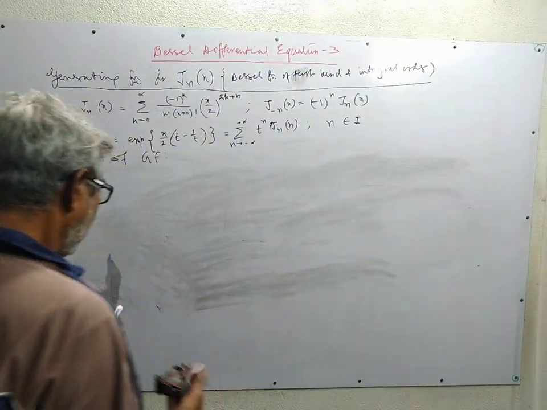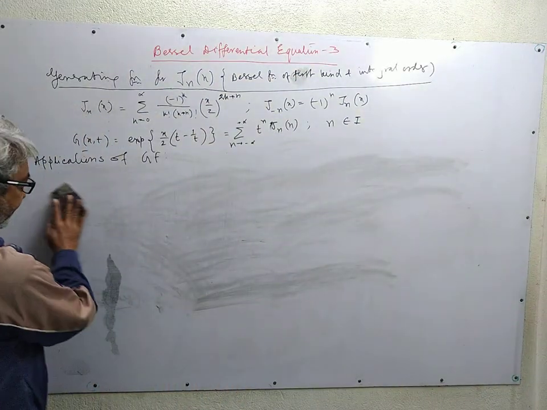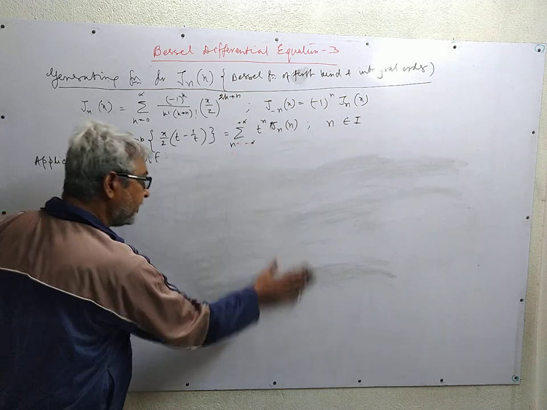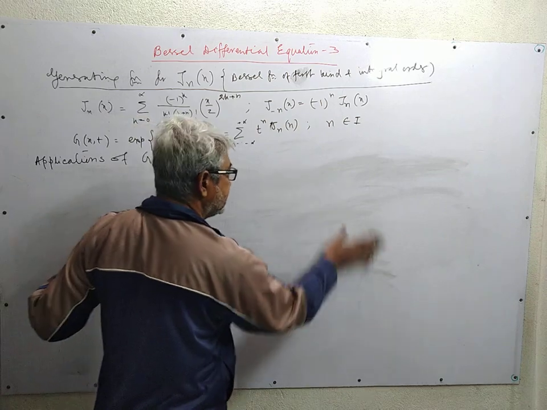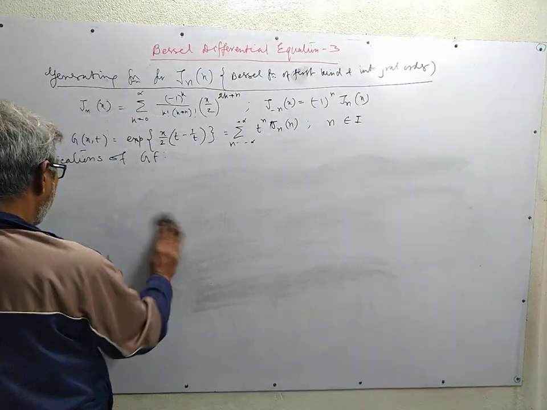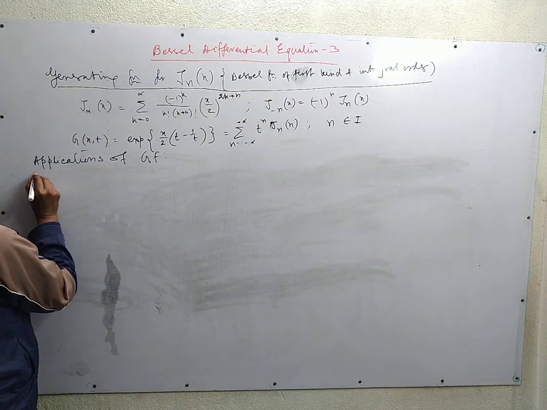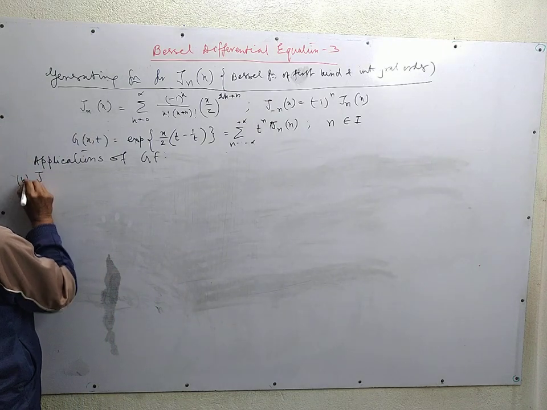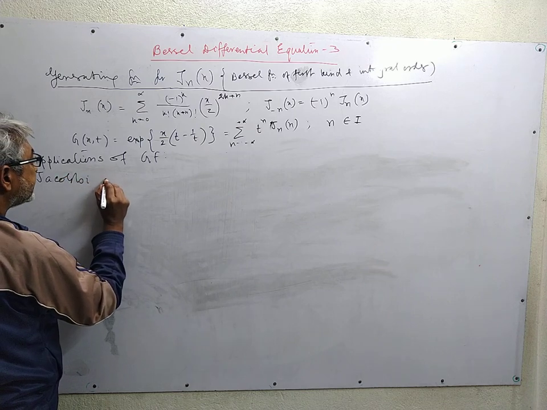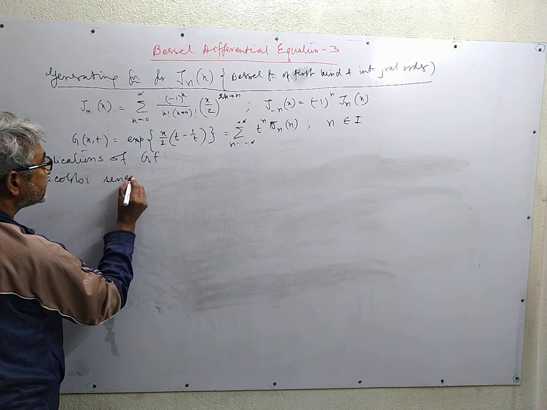There are various varieties of Jacobi identities involving Bessel functions available in the text, but here we shall cite only a simple one. The application is the Jacobi identity, or rather the Jacobi series.